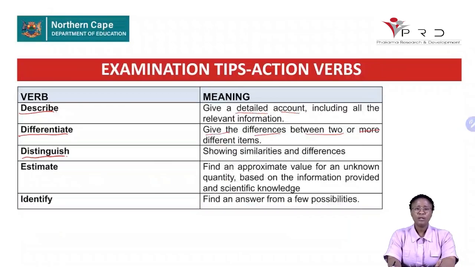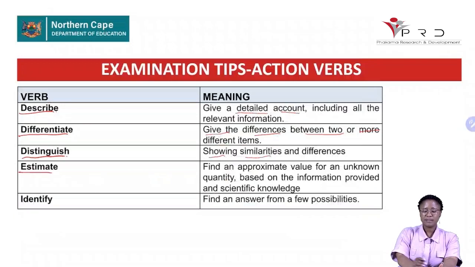Distinguish: when we are distinguishing, we are showing similarities as well as differences. So as you can see, there is a difference from differentiate. When you differentiate, you are differentiating between two or more different items, and those items must be different. But when you are distinguishing, you are looking at the similarities as well as differences.